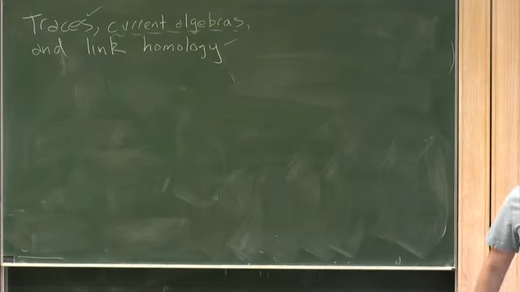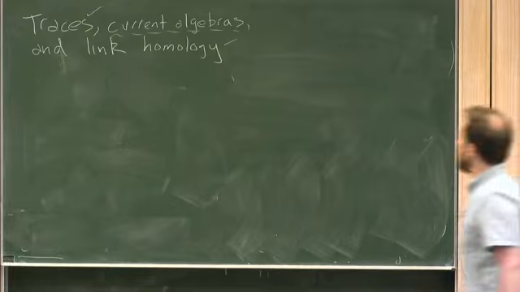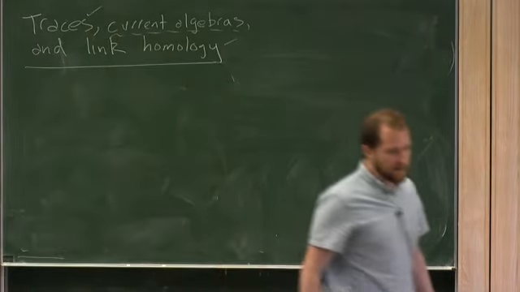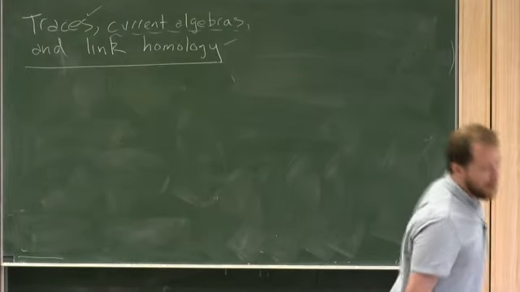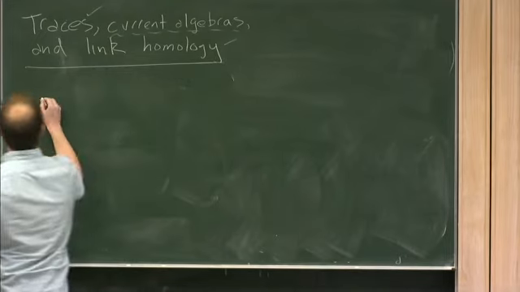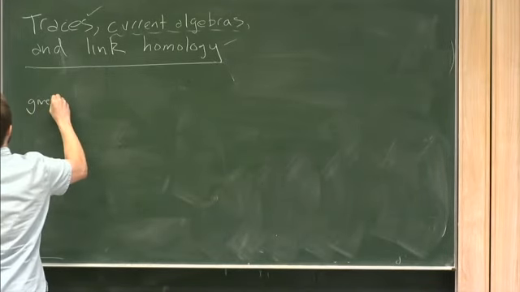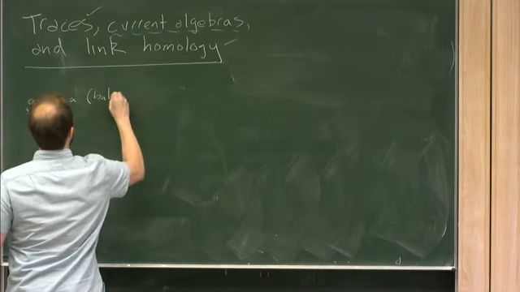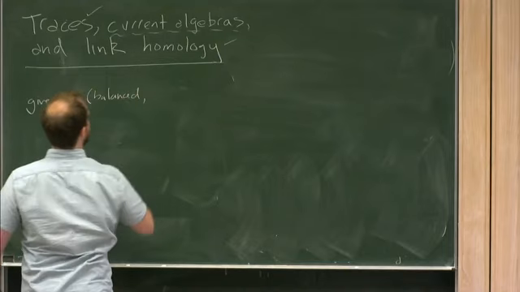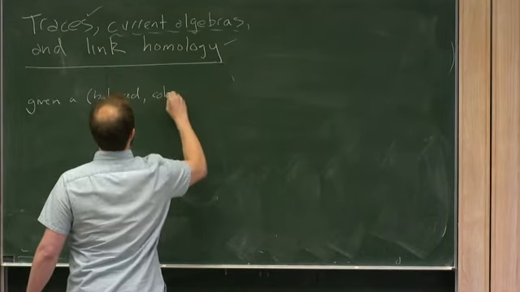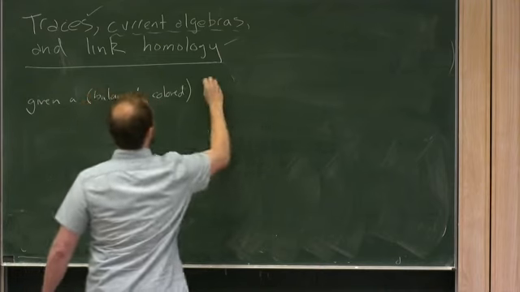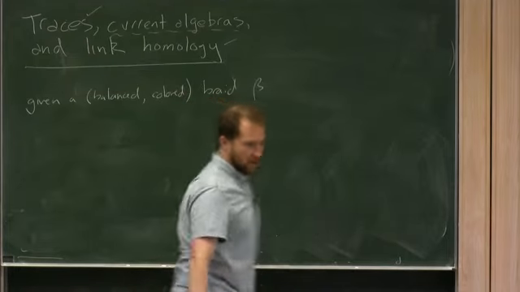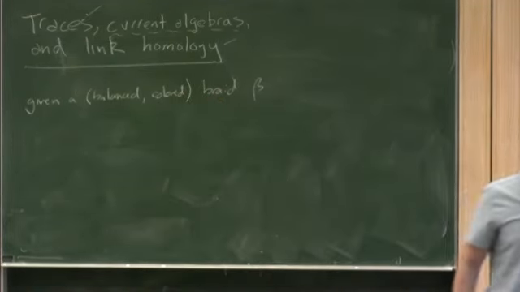Okay, so let me start by giving an overview of the general philosophy for the construction we're talking about. So here's what we start with. Given a, you could ignore the words in parentheses if you like, a balanced, colored braid, which I'll denote throughout by beta.